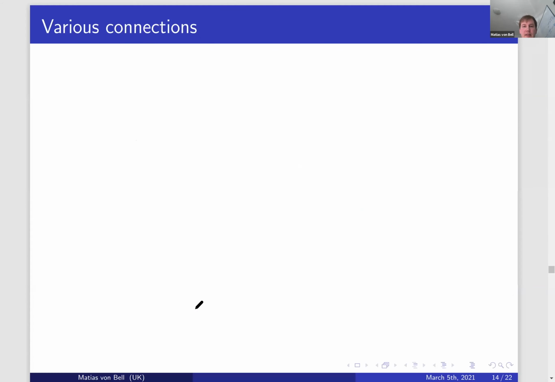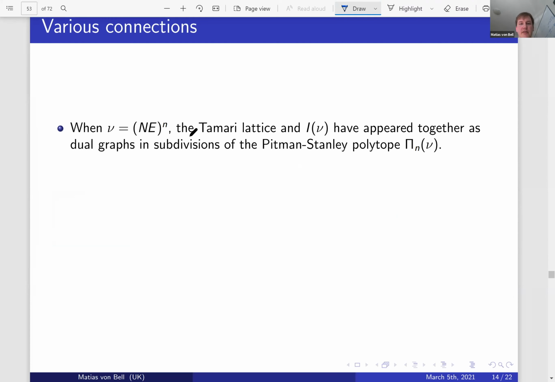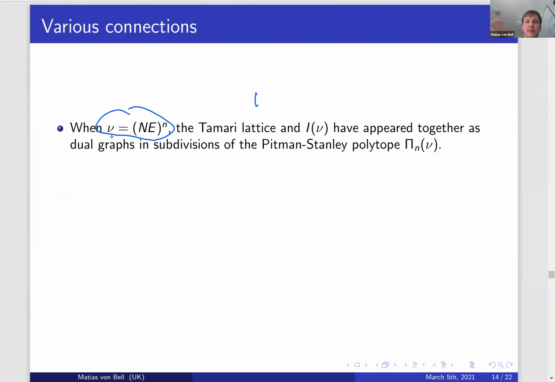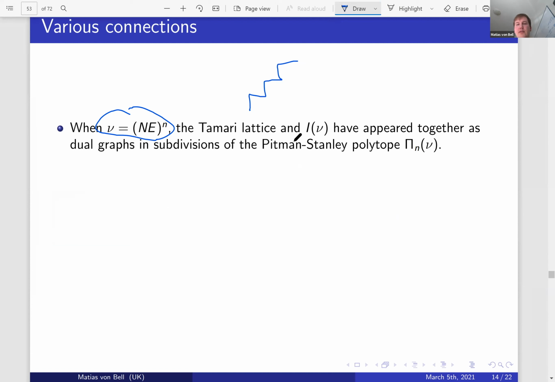Okay. And then just various quick connections to some other things that have been studied that I should mention. So in the classical case, when nu is the staircase path, then the classical Tamari lattice and the positive filters in the type A root poset, which has the same structure as the principal order ideal generated by the classical staircase nu, these have appeared together as dual graphs before, but of subdivisions of the Pitman-Stanley polytope.